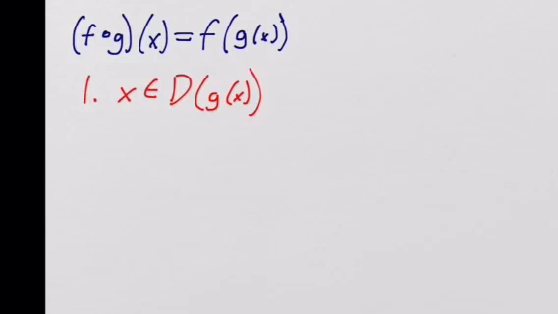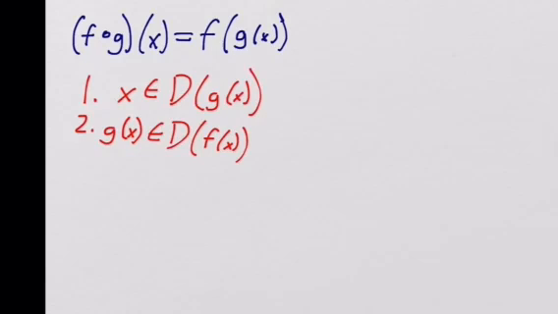And from this point on, when I'm talking about the domain of a function, I'm going to use this notation of capital D and then put the function in parentheses. So x has to be in the domain of g. And the second thing we have to deal with is that g of x has to be in the domain of f of x.